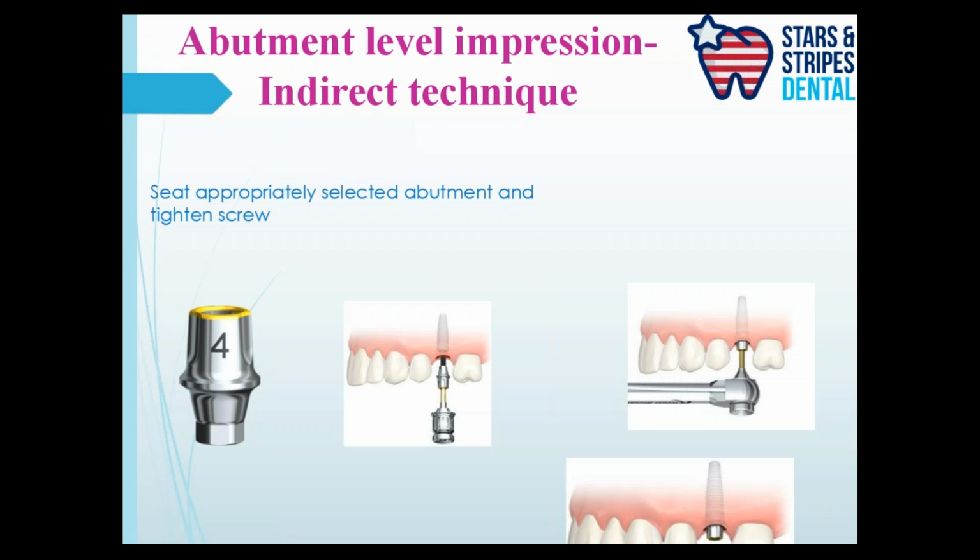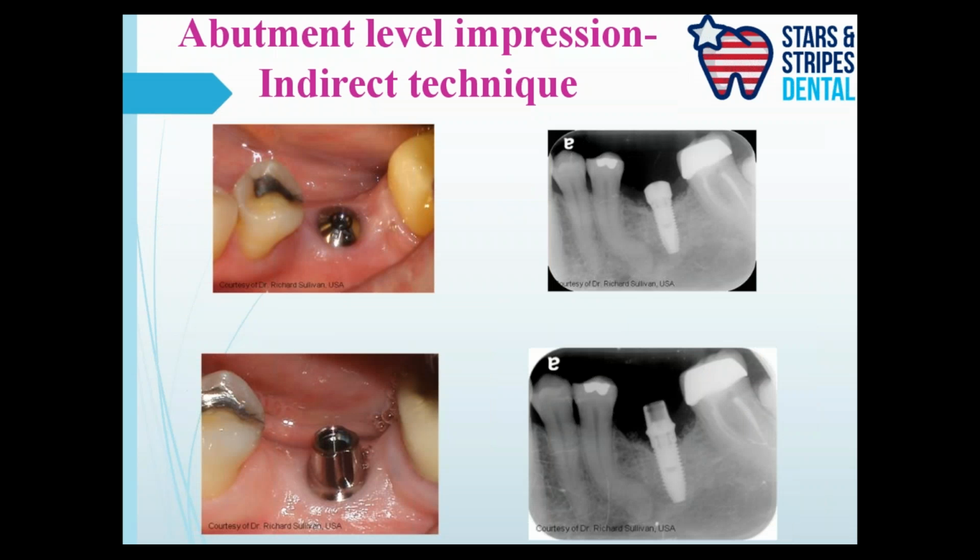For the impression part, today what we are concerned with is the indirect abutment level impression technique. Rather than putting the impression coping, you are putting an abutment on the implant. You will screw in the abutment, tighten it, and then put some components on top of the abutment.